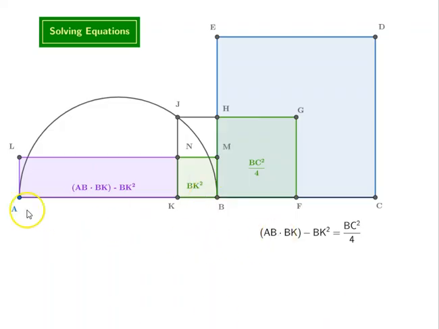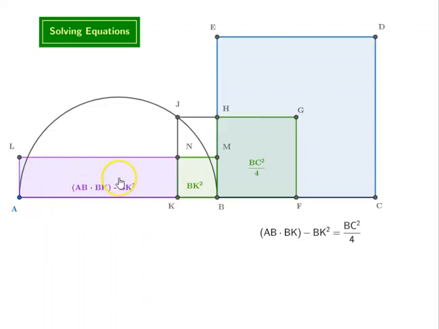So here AB times BK is nothing but AB times BM, because BK and BM are equal to each other because it's a square. So AB times BK is this entire rectangle minus this square will give us AB times BK minus BK square, which is the remaining purple rectangle.